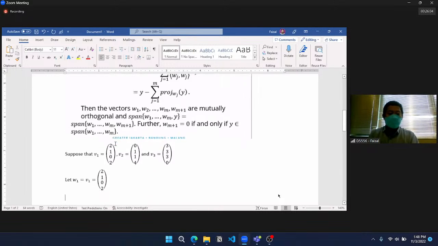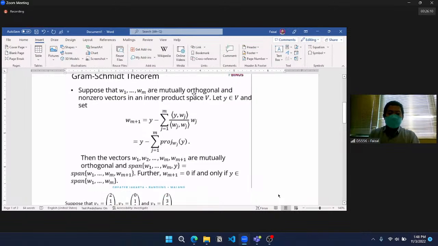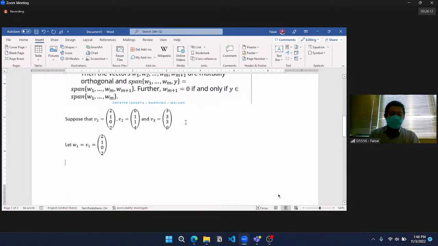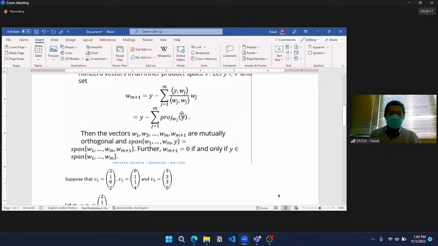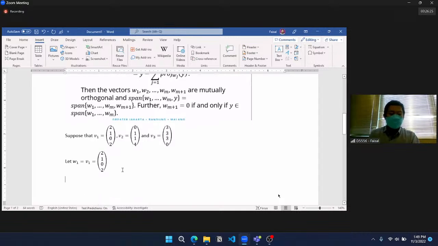W2 we obtain from this formula. In this formula we have y. So what is y?